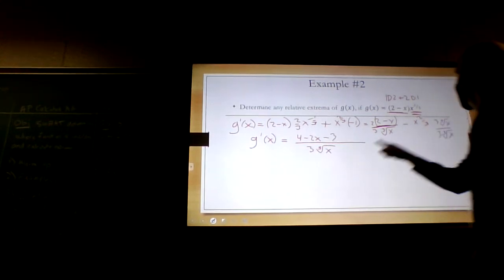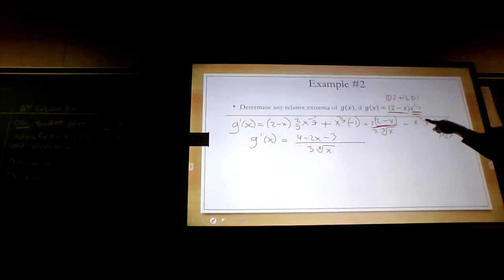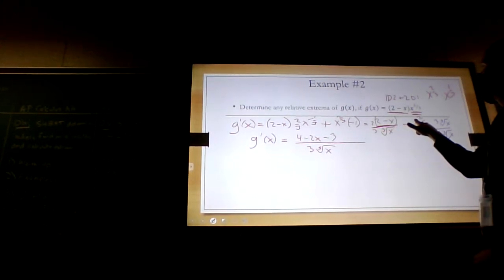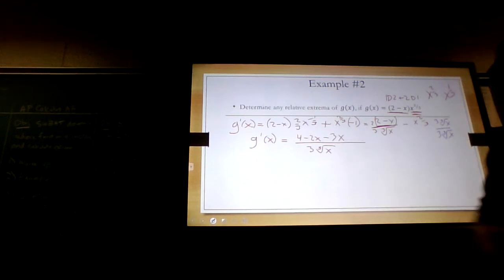So I'll put minus 3 there. What is x to the 2/3 times x to the 1/3? It'd just be x. Okay, now we got to be careful here. So there's an x like that. So I'm telling you that this times this is just negative 3x.